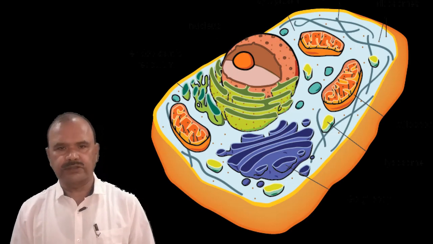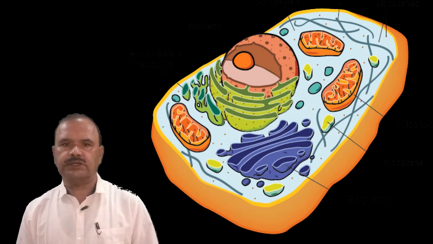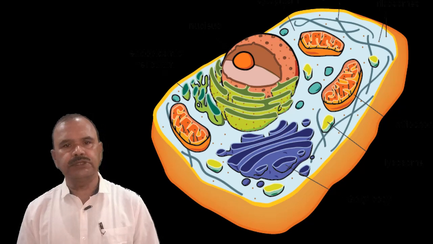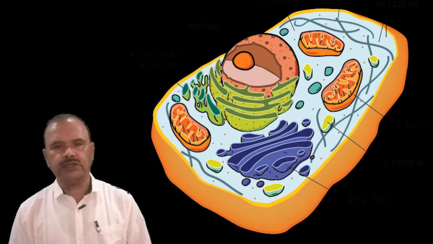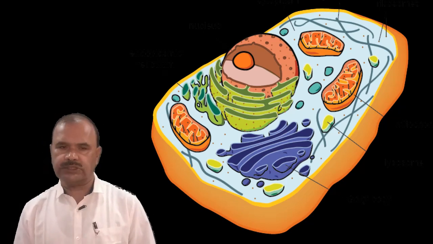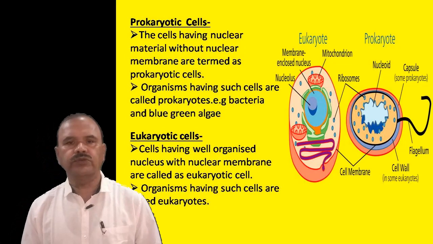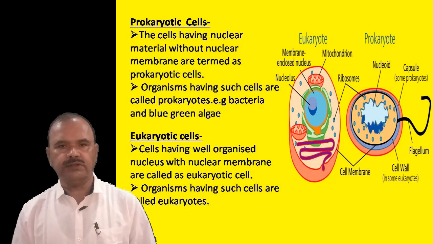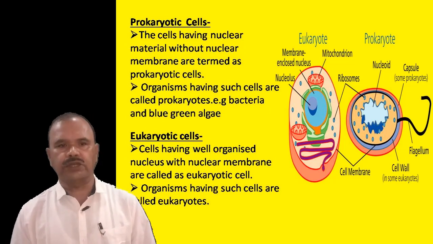All higher organisms, including we human beings, have developed cells in our body, and they have a complete nucleus inside them. That is, the nucleus is surrounded by a well-developed nuclear membrane. Such cells are called eukaryotic cells. So I think now you are well familiar with prokaryotic as well as eukaryotic cells.